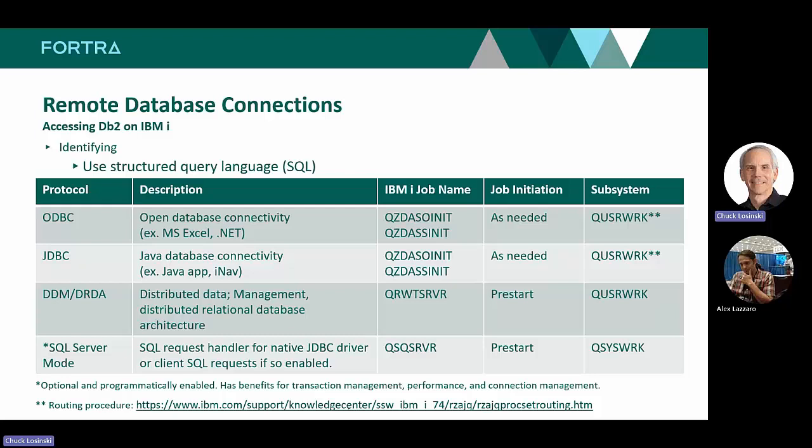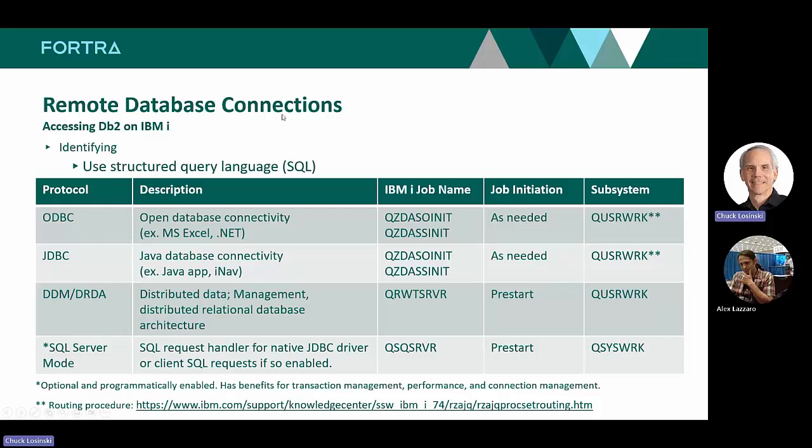When we establish those JDBC type connections, you will see those represented in your work management as a job, QZDASOINIT or QZDASSINIT, SS being the secure JDBC and ODBC connection.